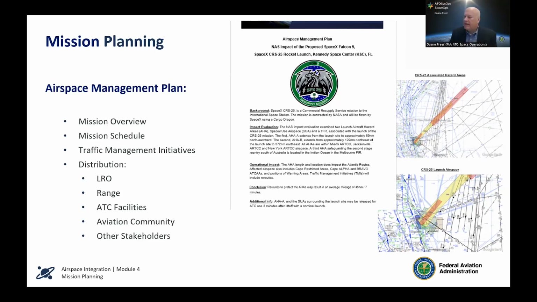So for the first one, I'm going to defer: the malfunction times are calculated by engineers either at the range or within the Office of Commercial Space Transportation. Depending on the vehicle and all the inputs into their engineering systems, they're able to calculate those malfunction times.